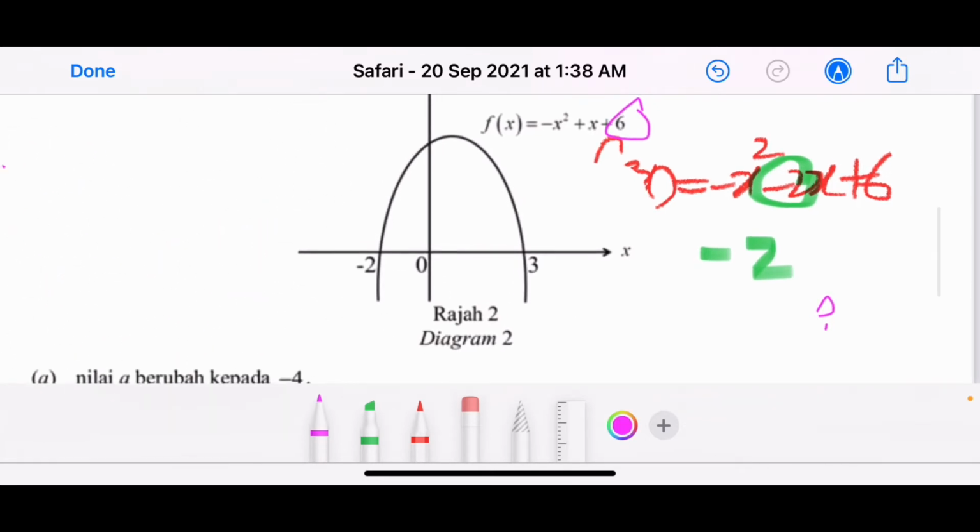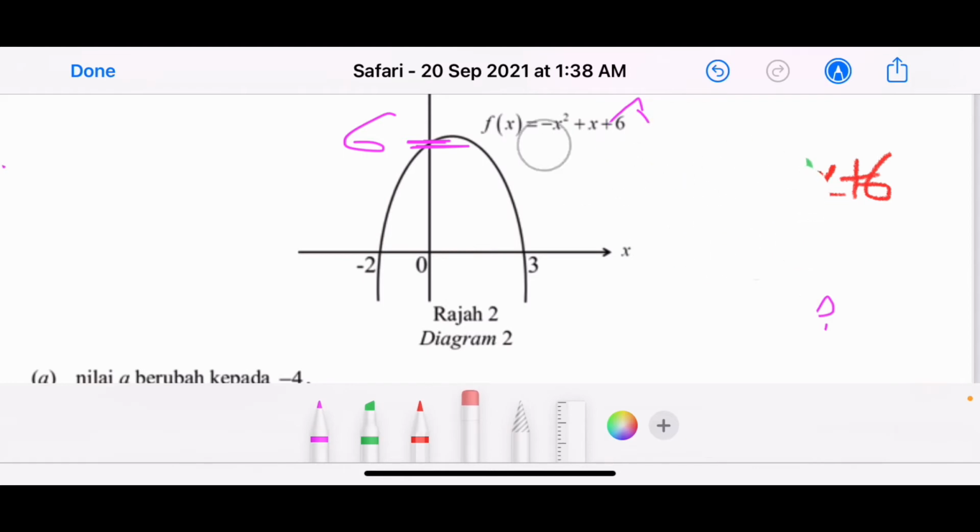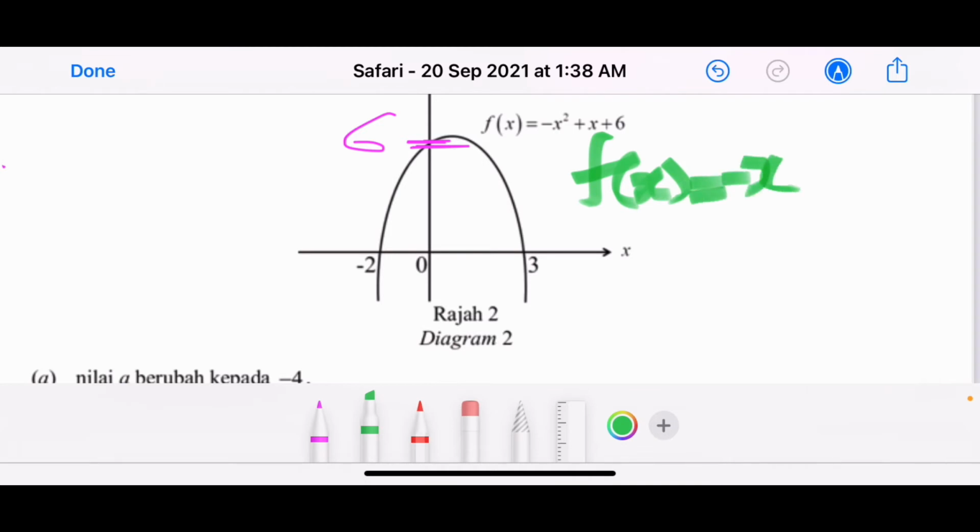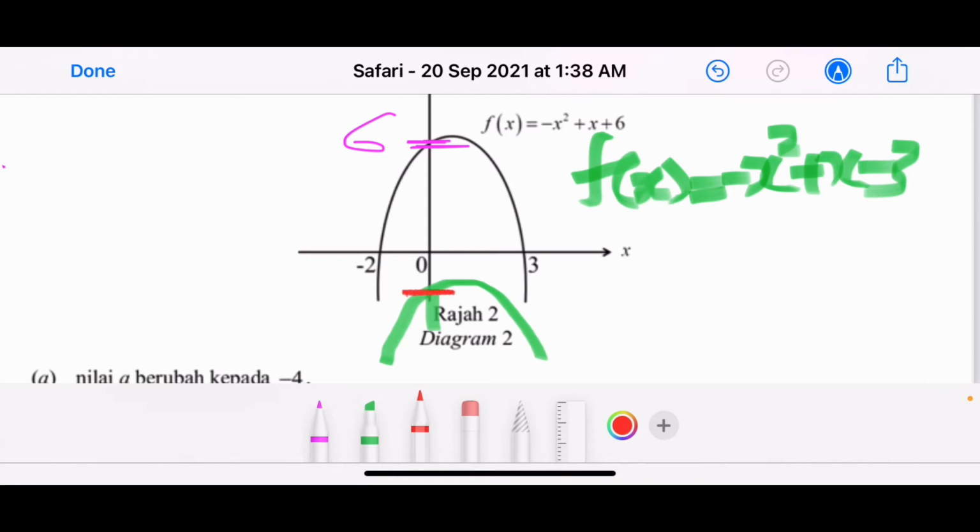Just now the y-intercept was here, which is 6, right? Now if we change to -3, the new graph f(x) equals -x squared plus x minus 3 will cut the y-axis here, which is -3.